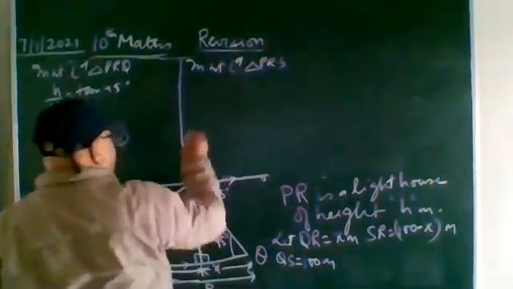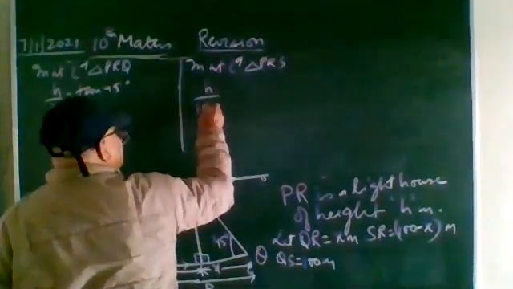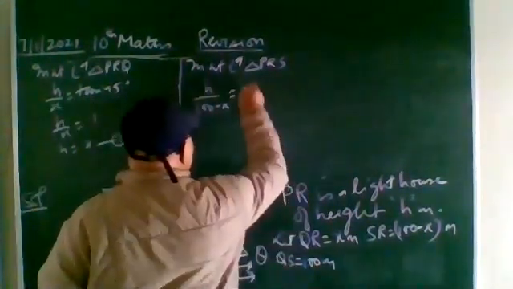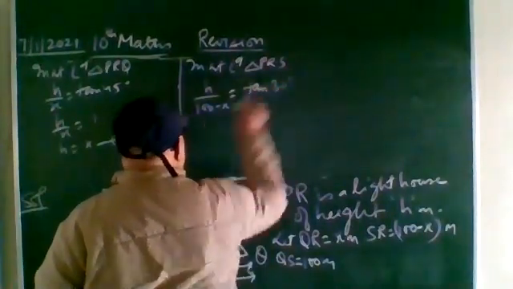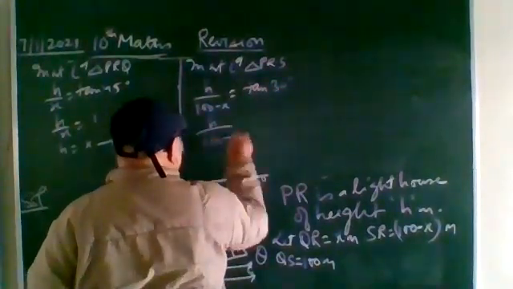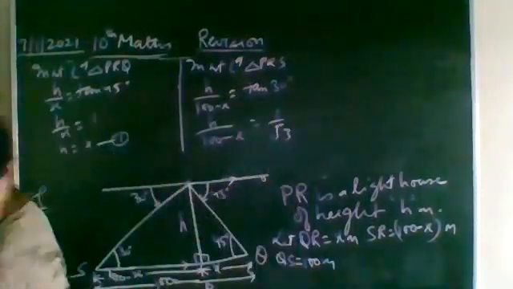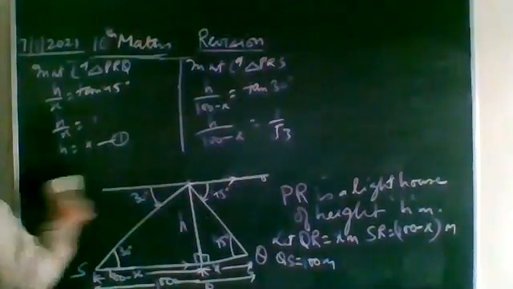Second, we have H upon 100 minus X equal to perpendicular upon base, that is tan 30, H upon 100 minus X, tan 30 is 1 by root 3. Now you can solve this.